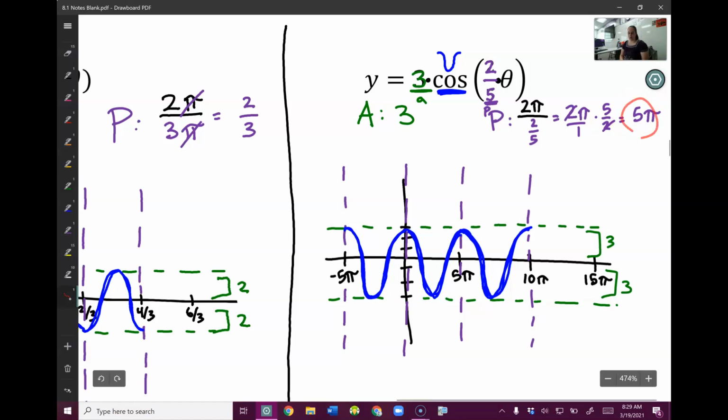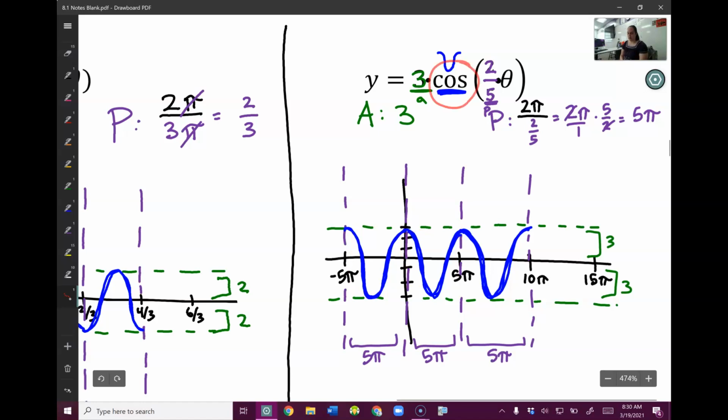My period is 5 pi, so that means each of these curves needs to be 5 pi wide. So 5 pi, 5 pi more is 10 pi, 15 pi, just adding it to itself. Or I could go in the negative direction and negative 5 pi, because we're going to the left now. And that created my boxes.